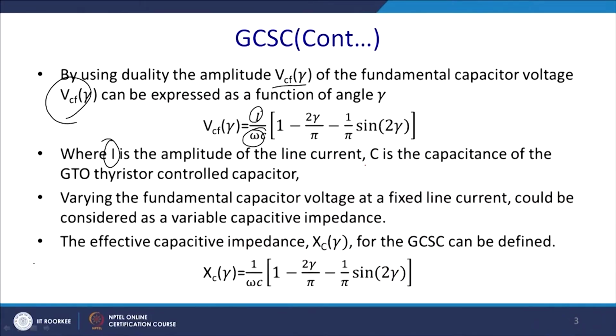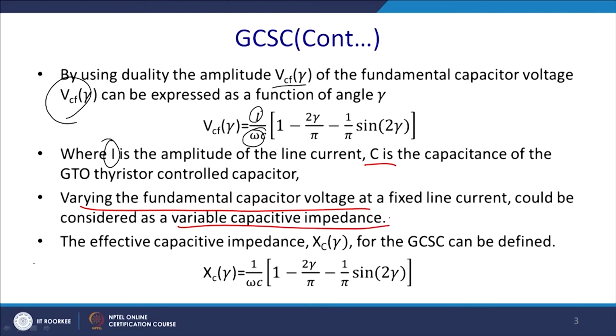where, definitely it is a trivial statement, I is the amplitude of the line current, and C is the capacitor connected across the GTO. Moreover, varying the fundamental capacitor voltage at a fixed current could be considered as a variable capacitive impedance.